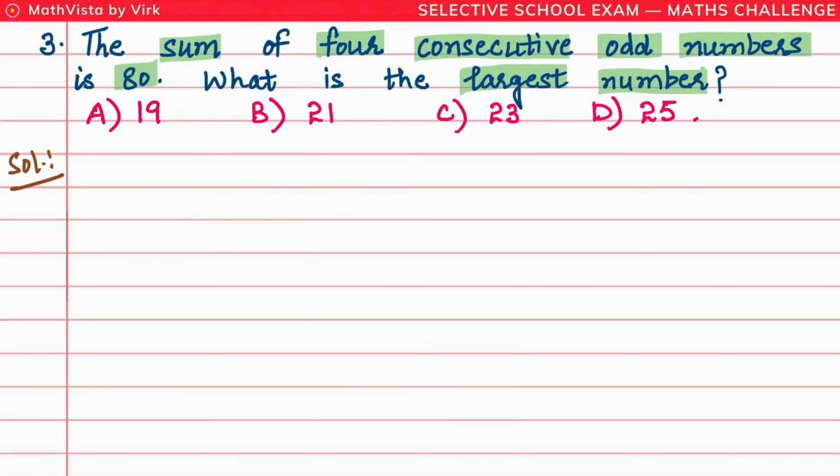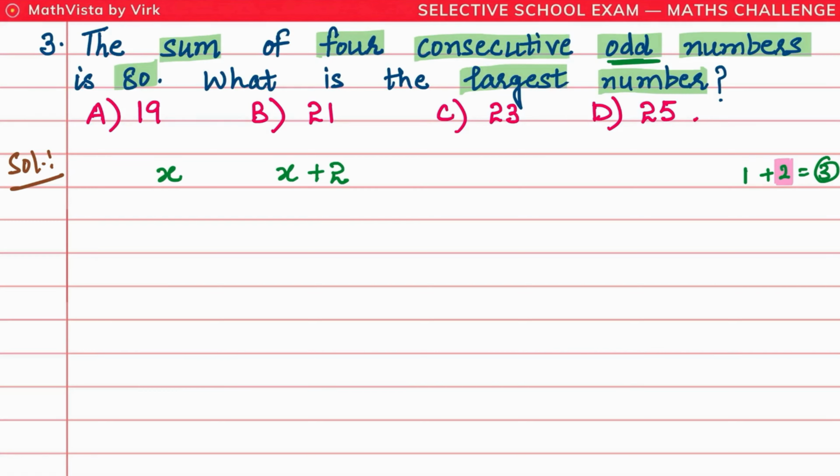If the first number we consider x, the next number would be x plus 2. Why x plus 2? As we are talking about odd numbers. Like if I am taking the first number as 1, the next would be 3 only for odd. So we are taking a gap of 2.